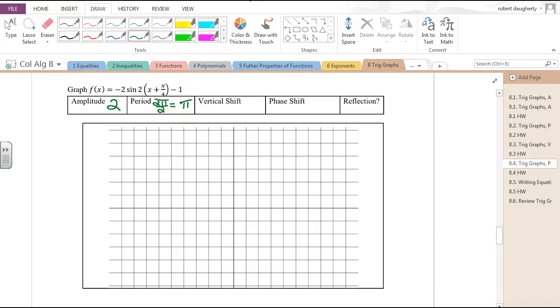Yeah, down 1. Phase shift. Pi over 4 to the left. Okay, so this is pi over 4 to the left. Has it been reflected about the x-axis? Yes. Okay, so this has like every bell or whistle on this guy.